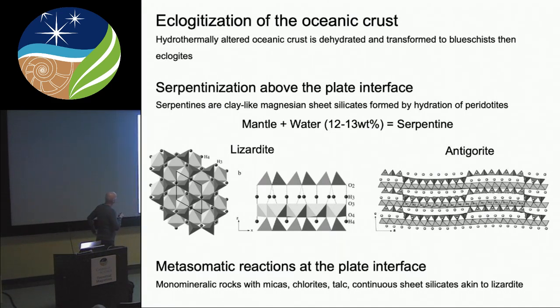And in between those two entities, we have fluids circulating between two rock bodies that have a different composition, and that means we expect to have what are called metasomatic reactions at the plate interface, which will lead to the formation of nearly monomineralic rocks, which are very particular, and which consist of things like chlorite and talc. These are pretty much akin to lizardite in the sense that they are continuous sheet silicates.